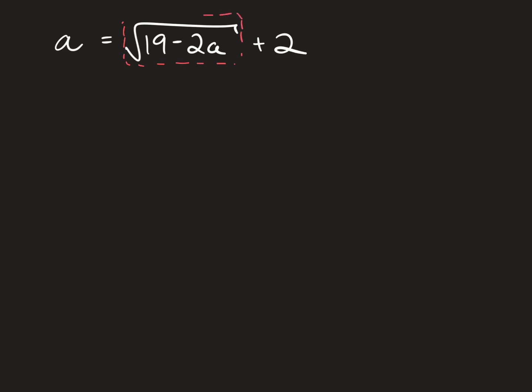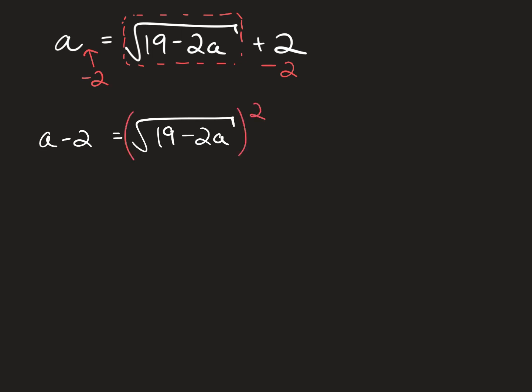So I'm going to need to get rid of that plus 2 as a minus 2. A minus 2 equals the square root of 19 minus 2a. So we've isolated the weird math piece. How do we undo that? Well, it's another square root, so go ahead and square both sides.